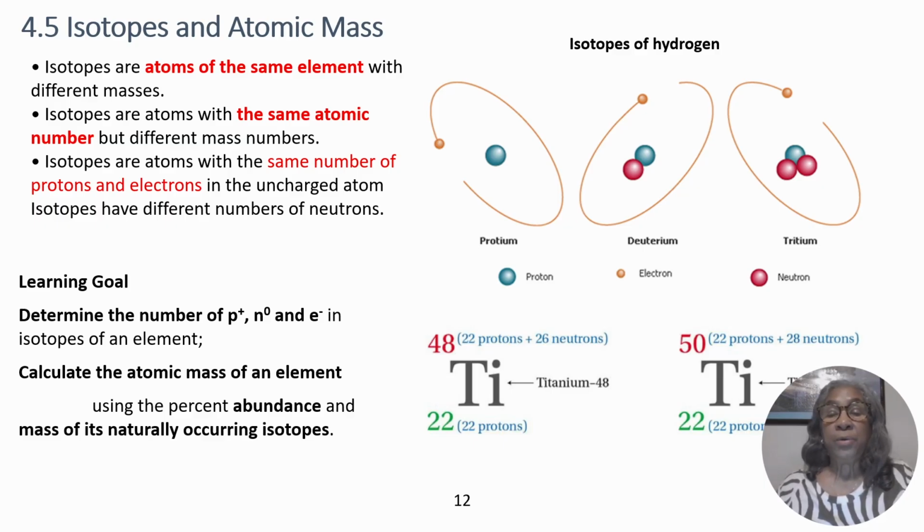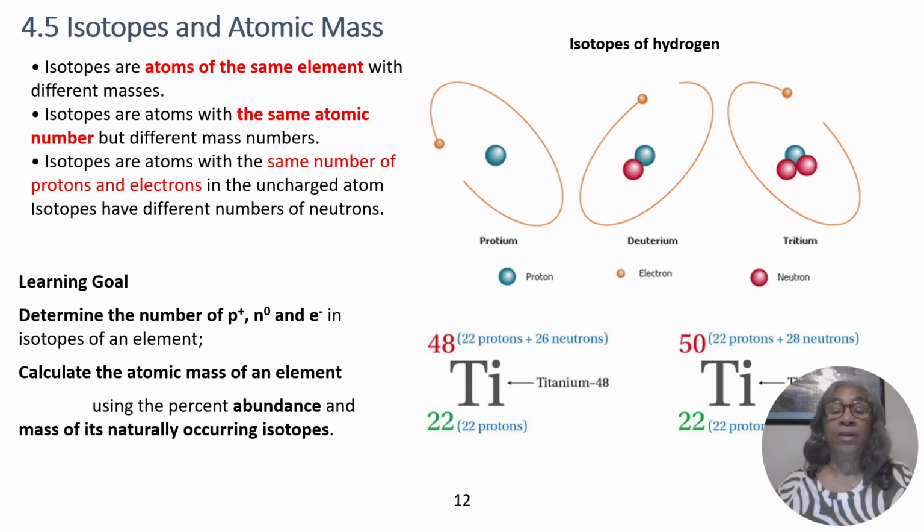I am showing you here hydrogen that has 3 different isotopes. The first one is called protium, which only has 1 proton and 1 electron. We have deuterium that has 1 proton, 1 electron, and 1 neutron. And we have tritium, which has 1 proton, 1 electron, and also 2 neutrons.